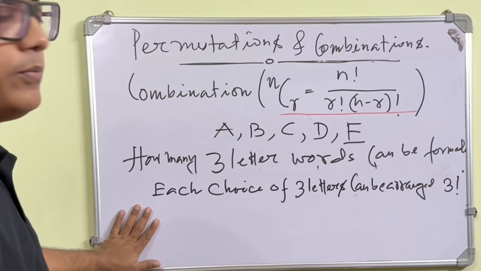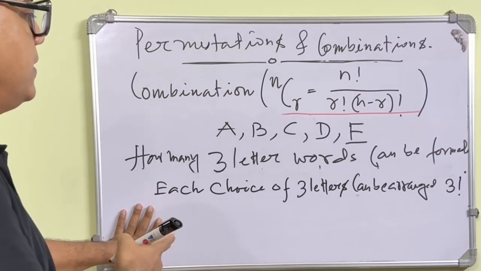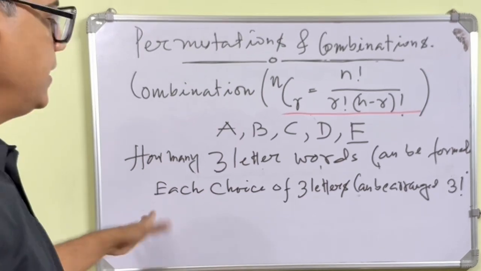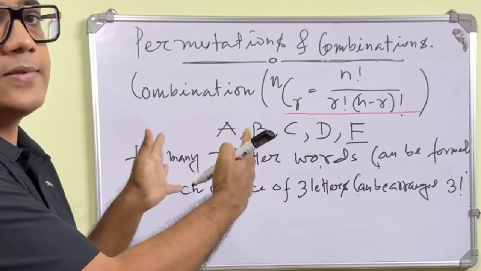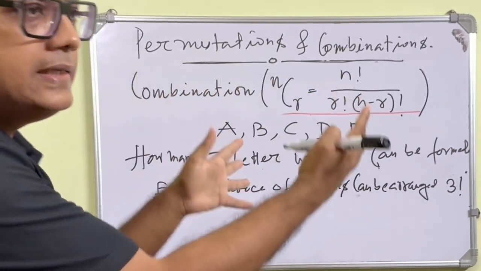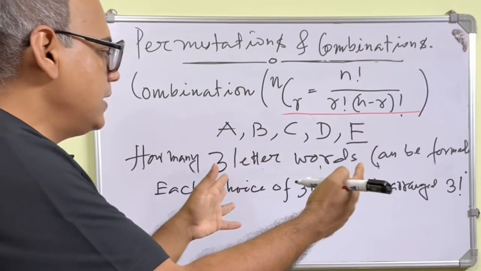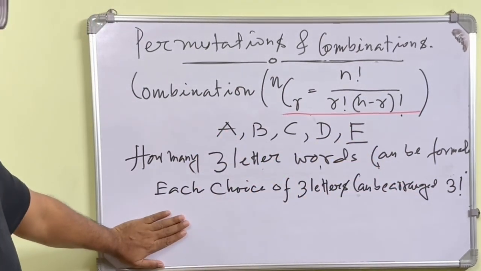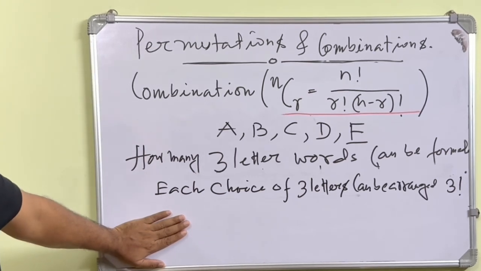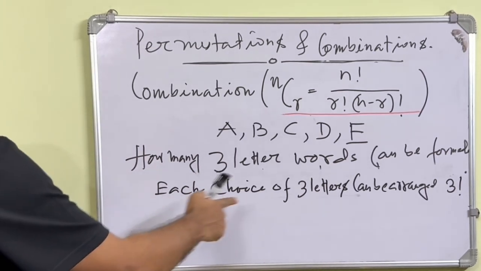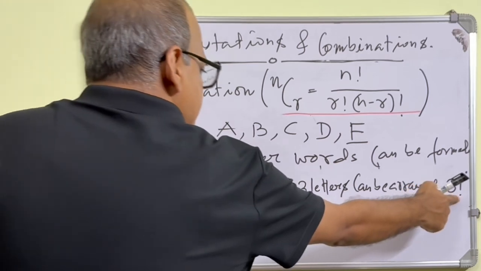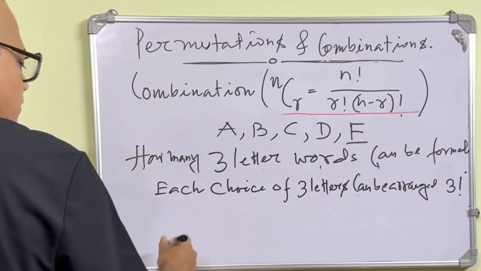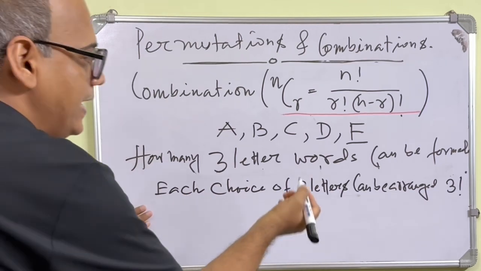And we assume there are, say, X such choice sets. As I showed, ABC is one choice, BCD another choice, then ACD another choice. Likewise, we have X number of choices. Each choice of 3 letters can be arranged in 3 factorial ways, which is 6, and let's say X number of choices.